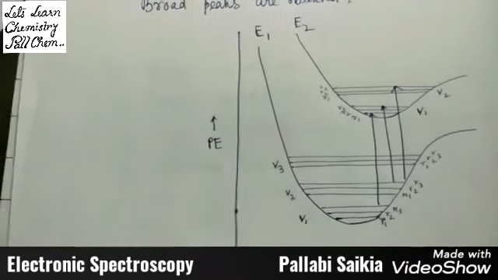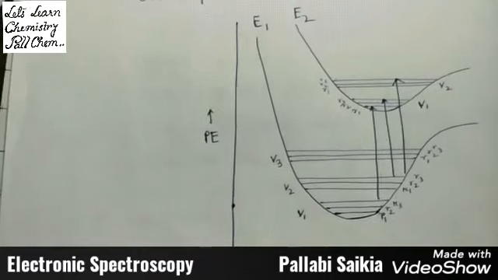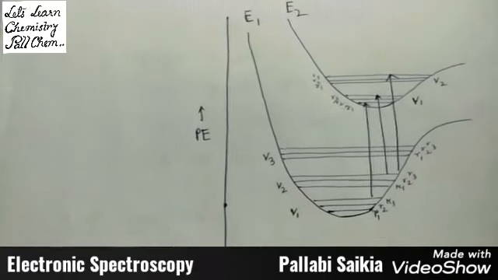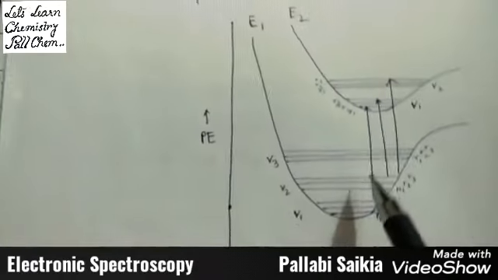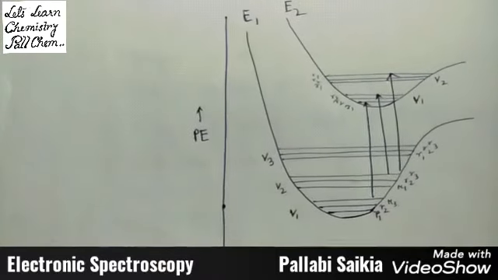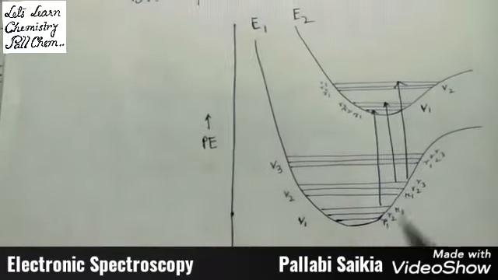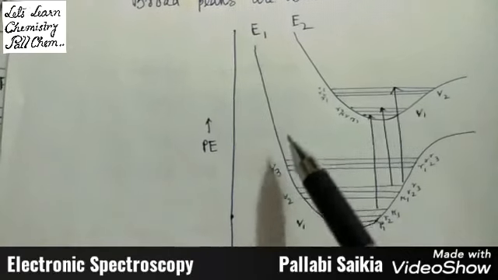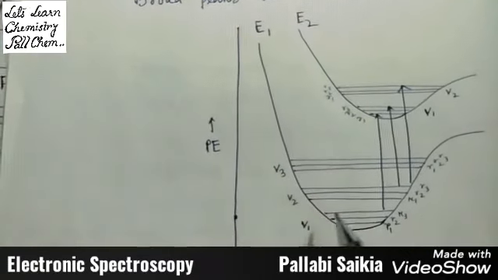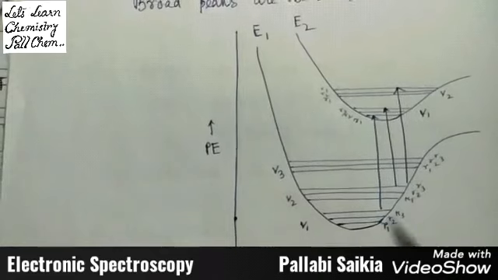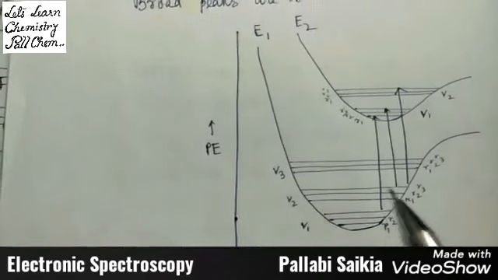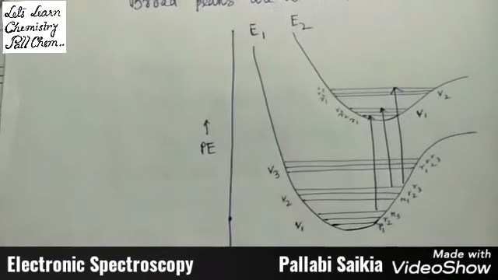Now one more thing is there, the Franck-Condon principle, which implies that during the electronic transition the internuclear distance change is very negligible. So from E1 to E2 transition the internuclear distance change is negligible, and this is the Franck-Condon principle.